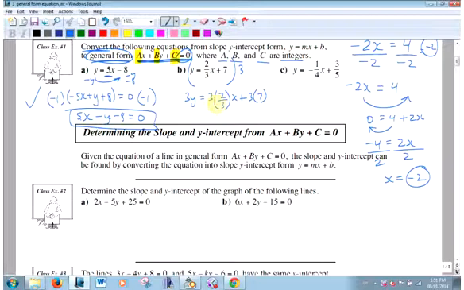What's 3 divided by 3? 1. Or, if you like, 3 times 2 is 6, divided by 3 is 2. Either way. Hey, no more fraction. That makes life a little nicer, doesn't it? Okay, so I have 3y is 2x plus 21.